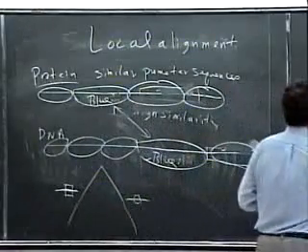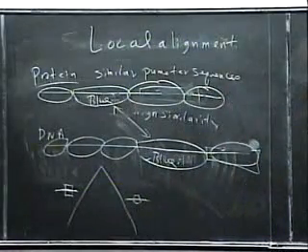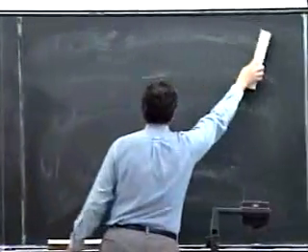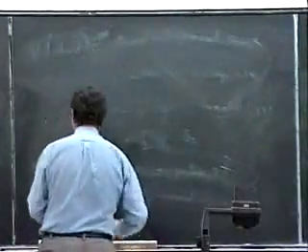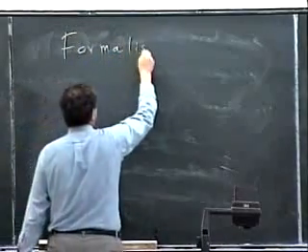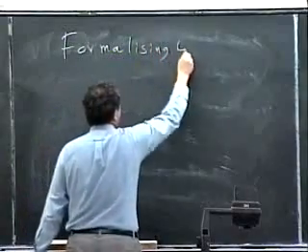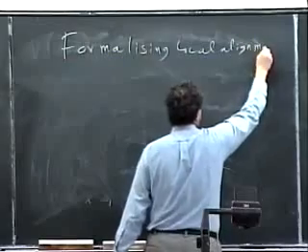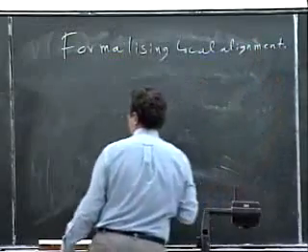So how do we formalize? We formalized global alignment before. Let me try to formalize local alignment. Okay.